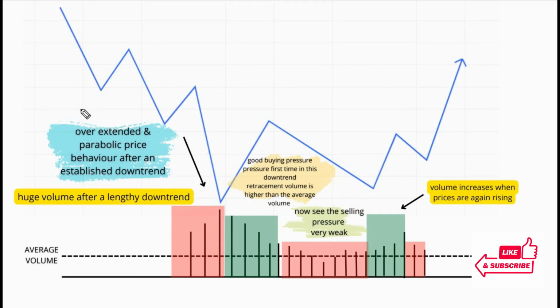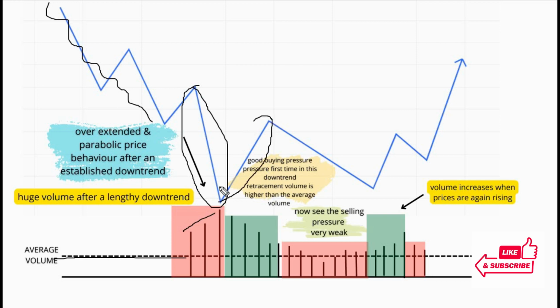Okay, similarly here we were in a very strong downtrend, and then we saw a huge downward momentum with very high volume, which is at least 2x, 3x or 4x the average volume size. Then what happened, we saw a strong buying momentum with good volume.